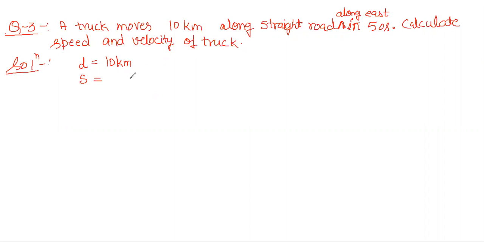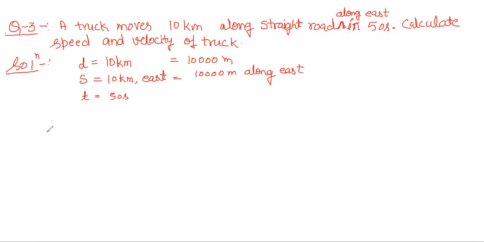Since the road is straight, the distance will be equal to displacement in magnitude, and the direction is east. So this will be the displacement. What is the time? Time is 50 seconds. Convert it into meter. Along east. In the displacement, you have to write the direction because this is a vector quantity.